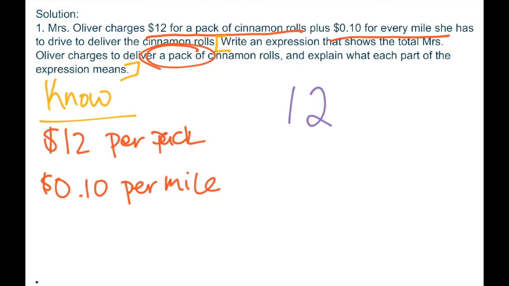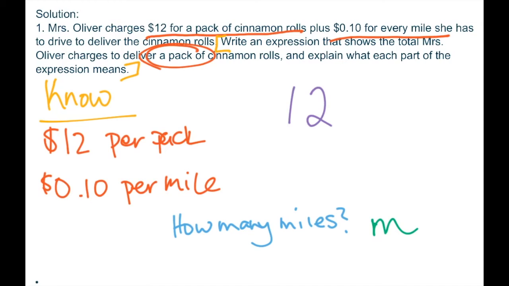Now, I don't know how many miles Miss Oliver's going to drive to deliver the cinnamon rolls. So I'm asking myself, how am I going to represent how many miles she drove? Well, I can do this with a variable that I'm just going to call m.